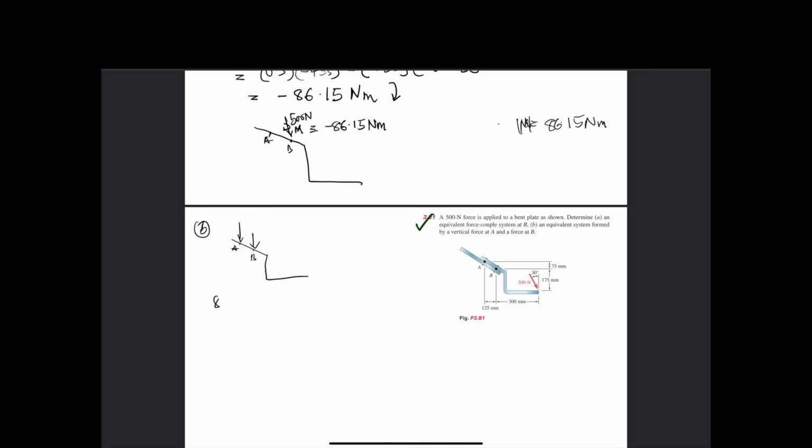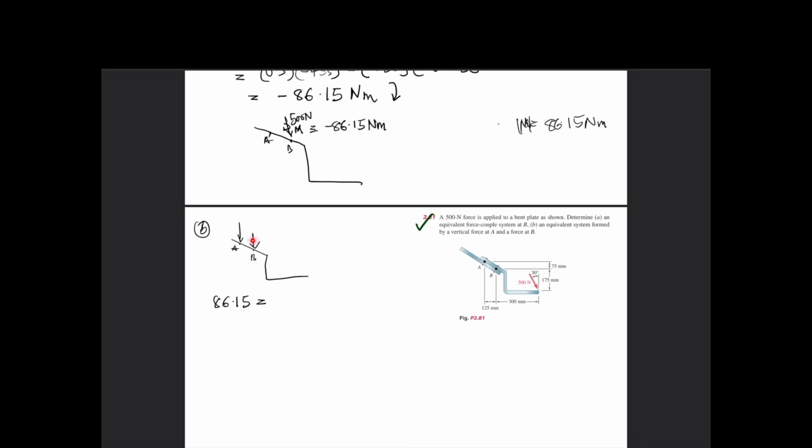So bring out this 86.15 here, which is equal to the same force times distance here.